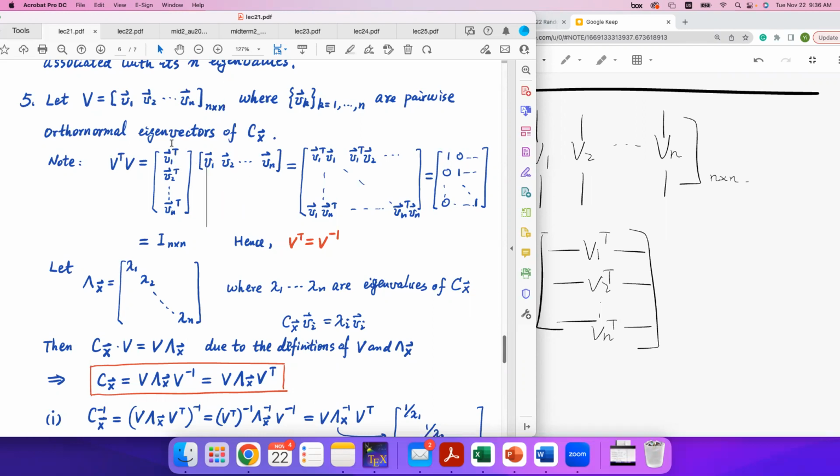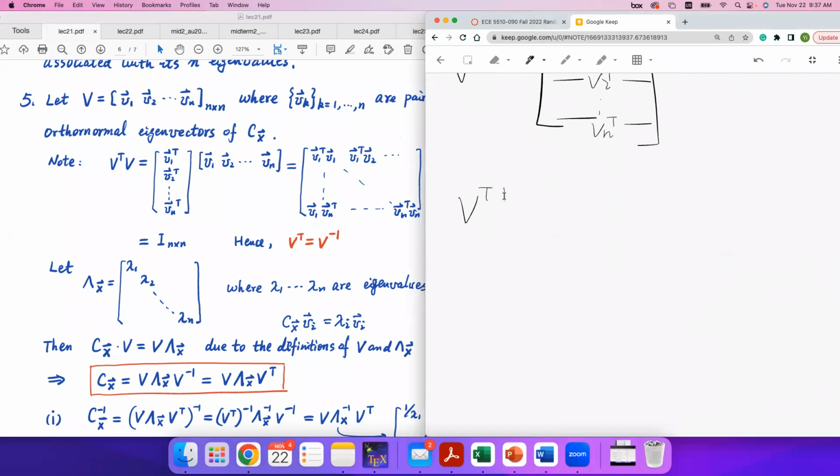If you follow the multiplication rule of multiplying a column vector by a row vector, you get this pairwise product matrix, and every entry is given by one coordinate of the column vector multiplied by a coordinate of the row vector. And this is actually the dot product between these two vectors.